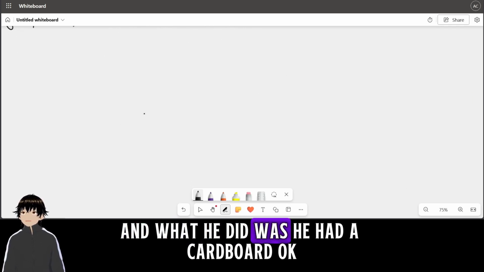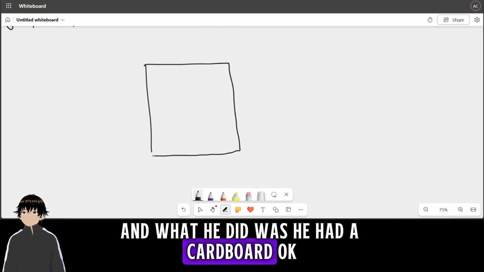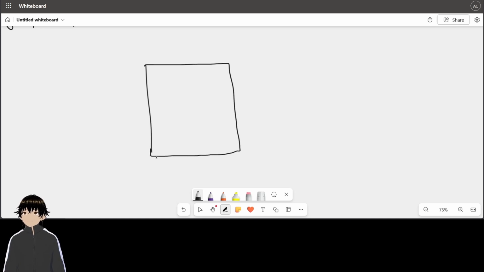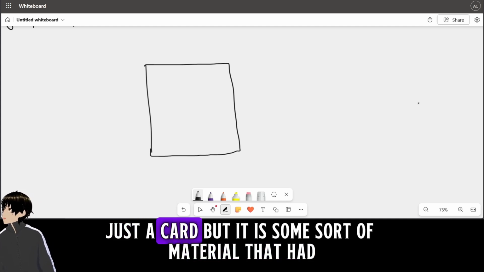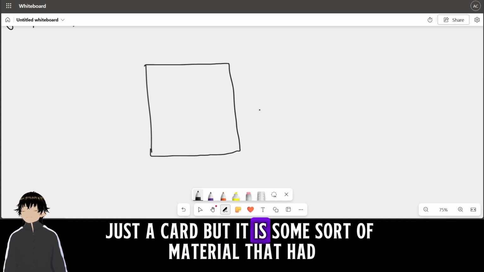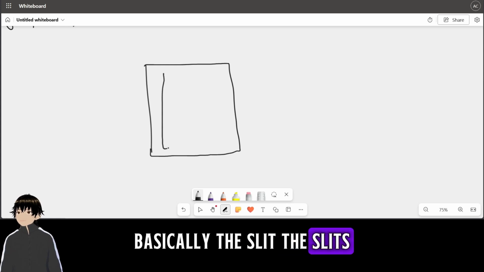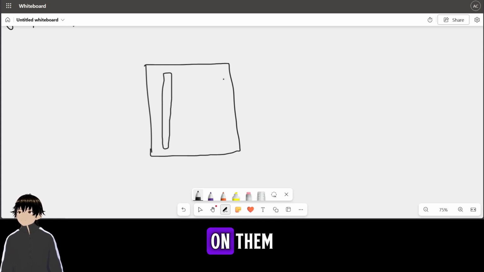What he did was he had a cardboard. I'm not really sure if it was a cardboard or just a card, but it is some sort of material that had basically these slits on it.